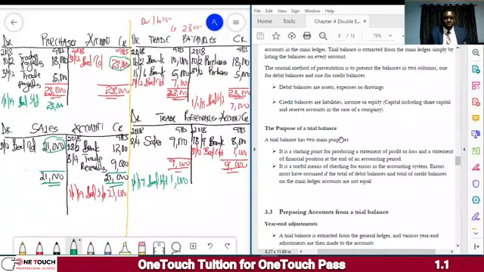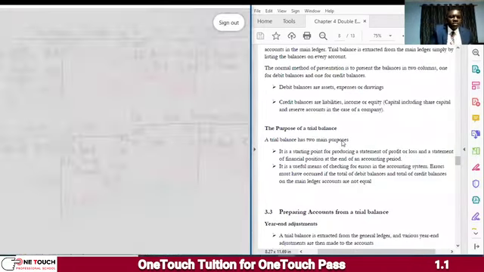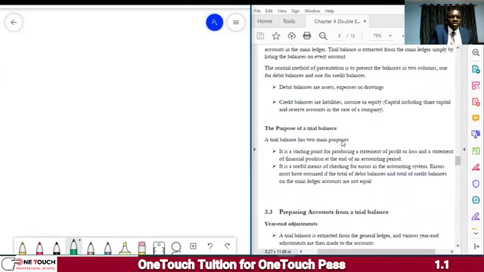Good. So I come here. Let me create a new page. So here we have the trial balance as at 31st of December 2018. Good.